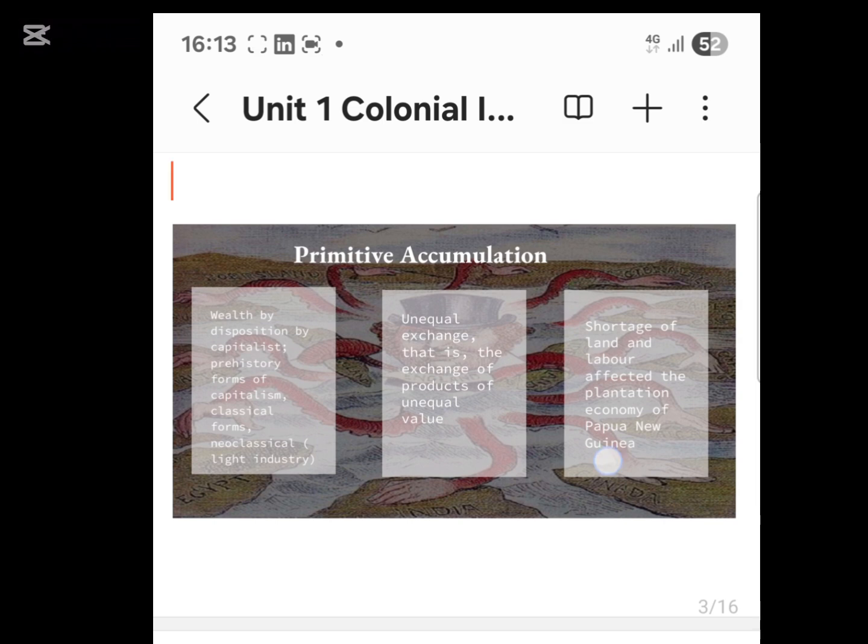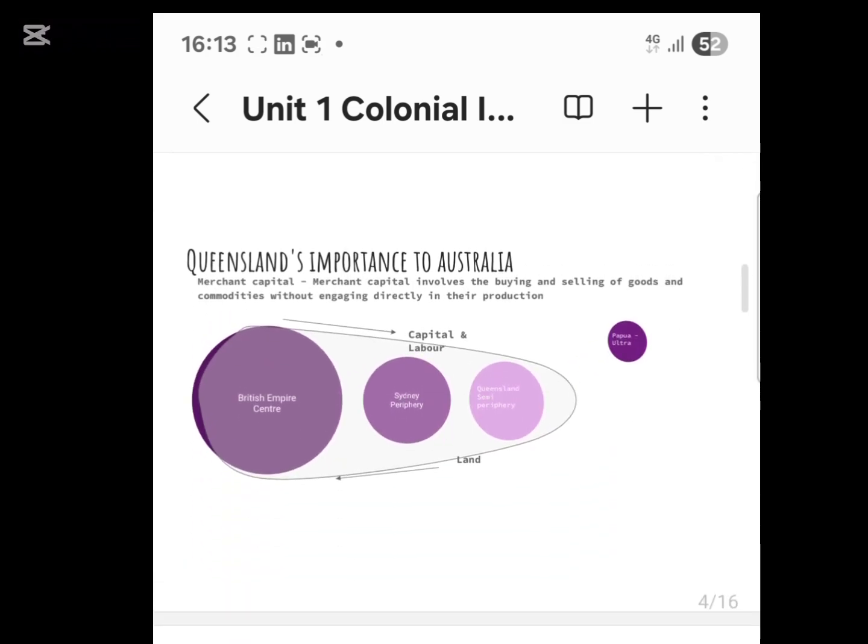Now, the idea of primitive accumulation will lead to the next important discussion, and that is about the periphery argument, or the periphery. If you're coming from a public policy background, you might have covered this in IDS, Introduction to Development Studies, where you talk about the dependency theory.